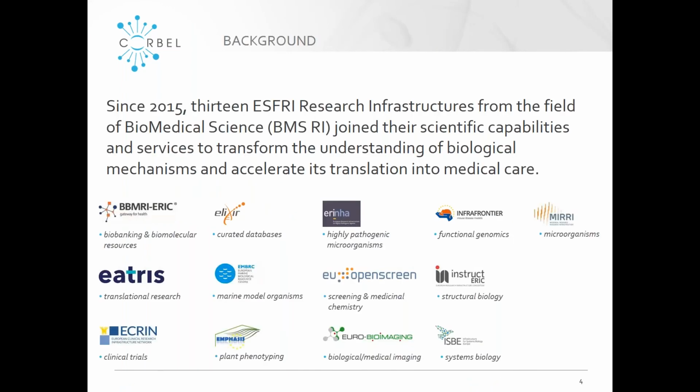I will introduce the CORBEL project to you. CORBEL is a Horizon 2020 funded project that brings together 13 research infrastructures in the biomedical sciences. CORBEL aims to transform the understanding of biological mechanisms and help translate them into medical care.